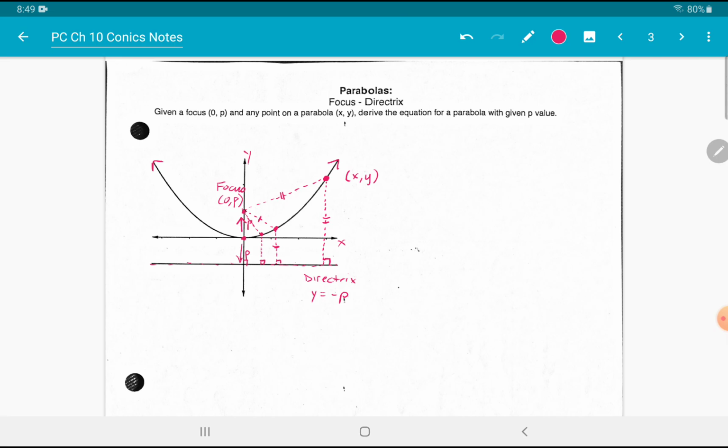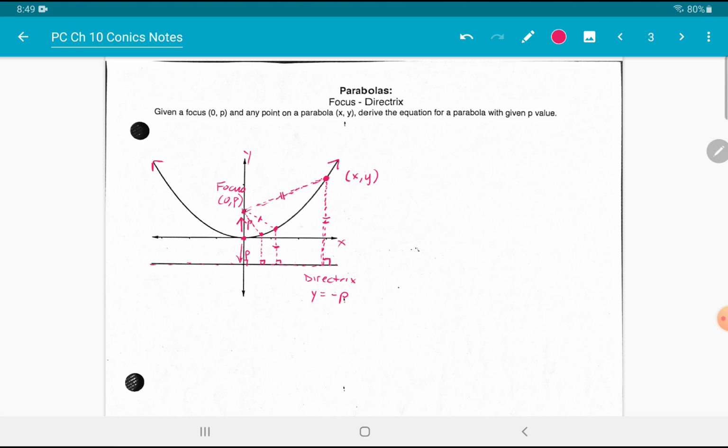Okay. Now, in terms of how we can actually prove this using the parabola equation, let's go ahead and break up these parts that we've drawn into smaller parts. Okay, so the idea here is if we're talking about a distance, we're trying to find the distance from the focus to a point on the parabola, and we want to compare that with the distance from that point to the directrix.